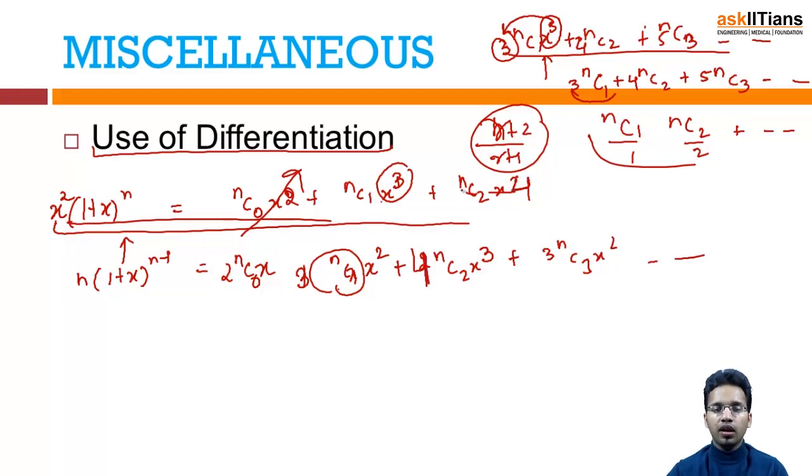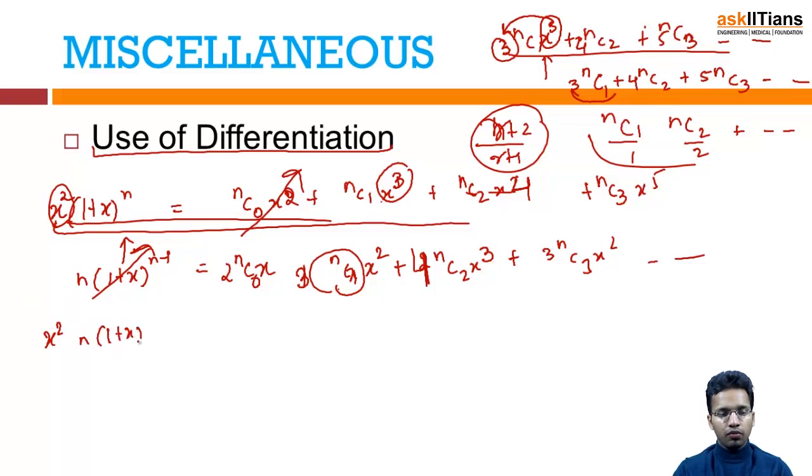This will become 4 here. The next term will be having 3x^5. Now what I've done is I multiplied by x square throughout. The change will be only on this side. It will no longer be like this. This will be x square n into (1 + x) raised to power n minus 1 plus 2x into (1 + x) raised to power n.